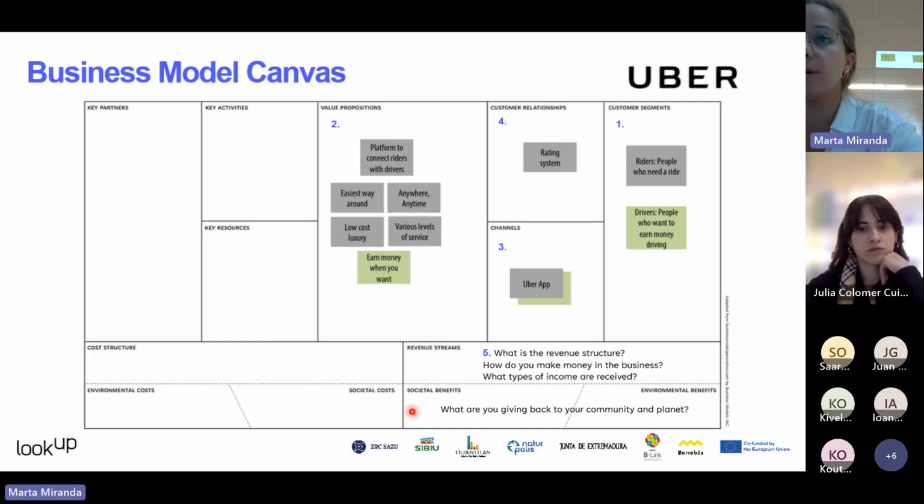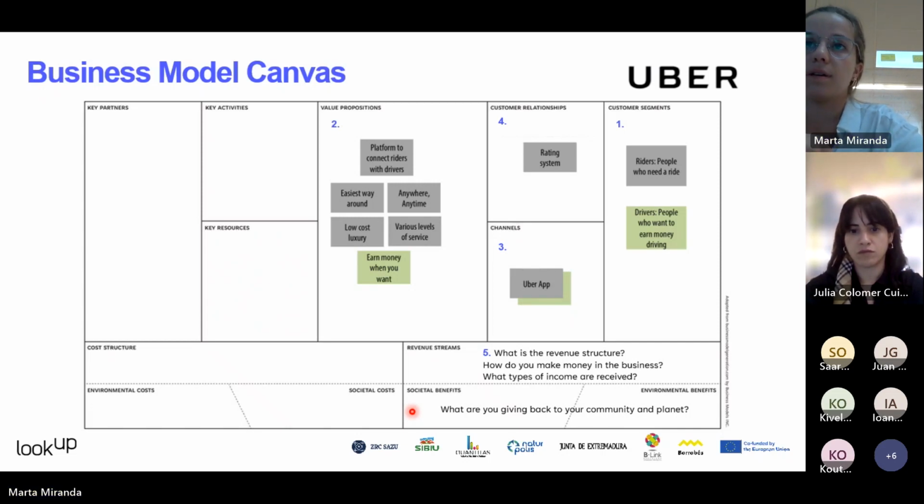We thought it was also interesting to split these revenue streams because we're going to create a sustainable business model in which we're also trying to create beneficial inputs for society and the environment. So the question is, what are you giving back to the community and the planet?